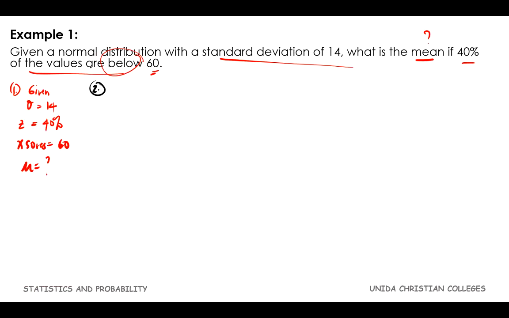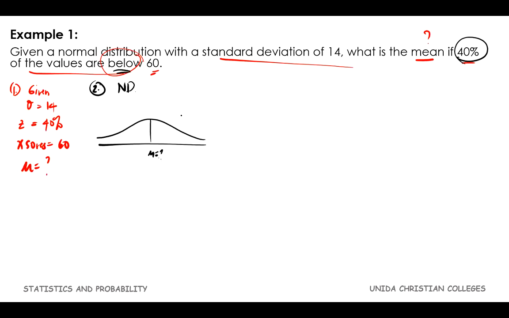Our step number 2 is we have to illustrate our normal distribution. So our center is the average or the mean who is missing. Hindi natin alam kung anong value niya. Pero alam natin na 40% of the values are below 60.